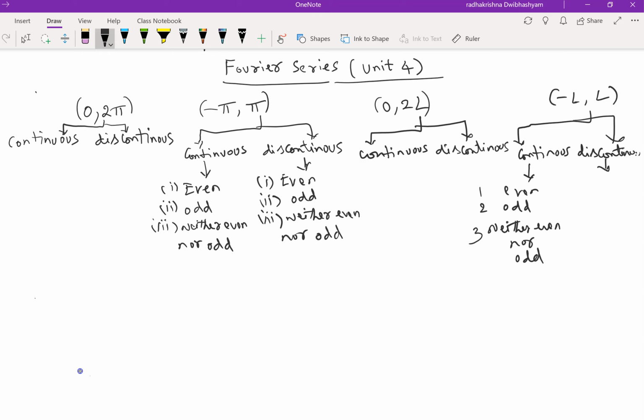Again here in discontinuous function, even, odd, neither even nor odd.